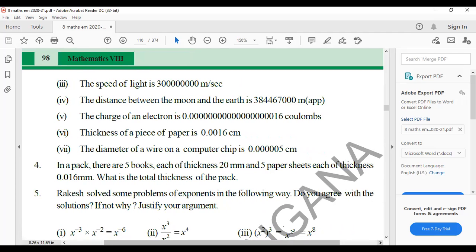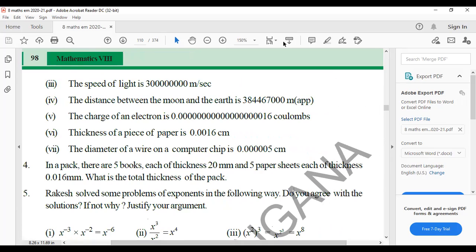How many digits are there? 16 into how many digits? 18 digits. Total 20 including digits. Counting 3, 6, 9, 12, 15, 18, 19, 20. 10 power 20 is there.